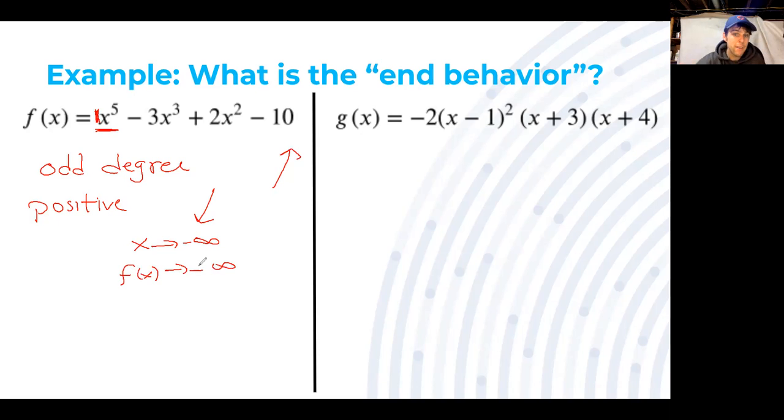It's going to go down forever. And on this side, as x approaches positive infinity, going to the right, our graph is also going up. It's going up to positive infinity as well. Or an easier way to say it: down on the left, up on the right.